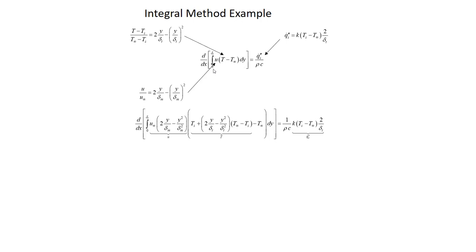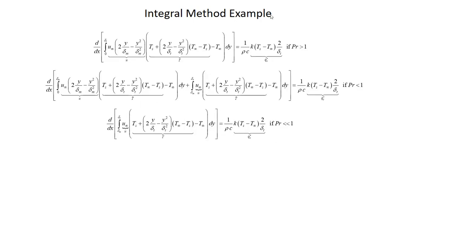The first integration will go from 0 to delta m, and as long as I'm inside of that momentum boundary layer, I can use this velocity distribution. But then the second integration has to go from delta m to delta t. So I'm outside of the momentum boundary layer, but I'm inside of the thermal boundary layer. And in that region, I would have a velocity of U infinity, right?